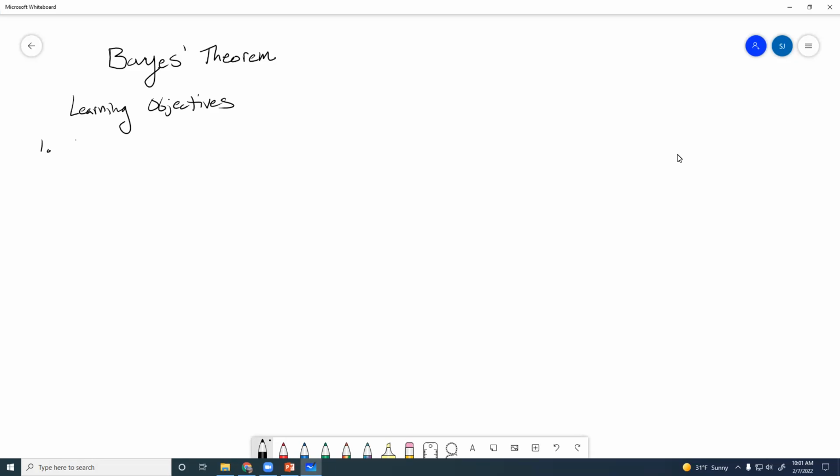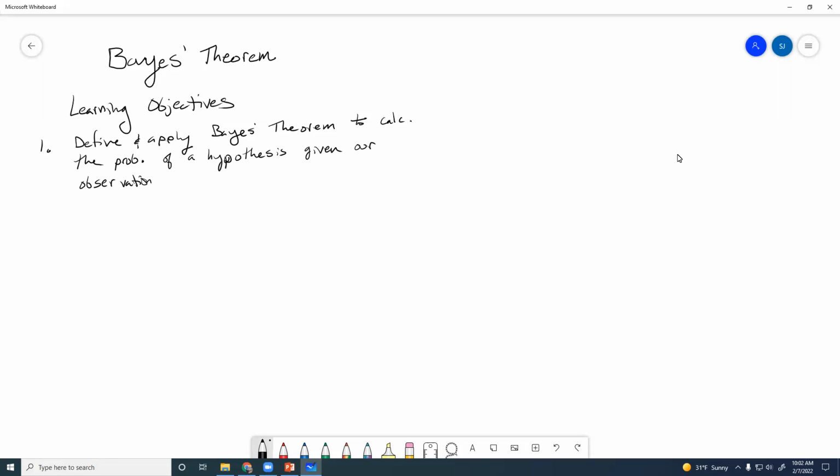So first we're going to define and apply Bayes' theorem to calculate the probability of a hypothesis given our observations or evidence and prior knowledge of the probability of related events.